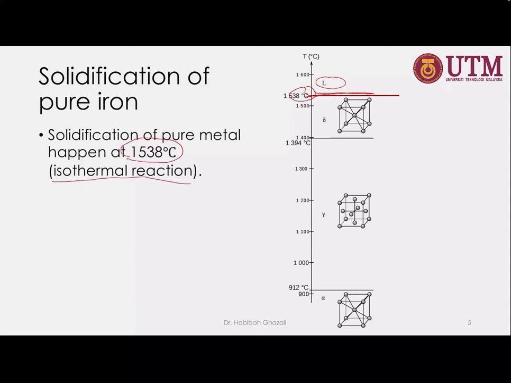If we draw the cooling curve, which is temperature versus time, for this change from liquid to delta solid iron, it is like this. This is the melting temperature, which is 1538. Upon cooling, it will freeze. This is also the freezing temperature.